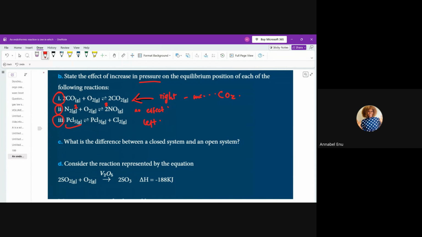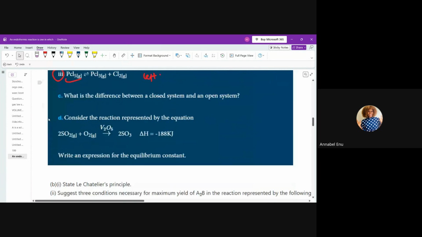All right. So the difference between a closed and an open system, just as we have said before: a closed system allows nothing to enter, nothing to leave, so that we can really talk about how constant the concentration of reactant and the concentration of product is, right? So in a closed system, nothing enters, nothing leaves, okay?